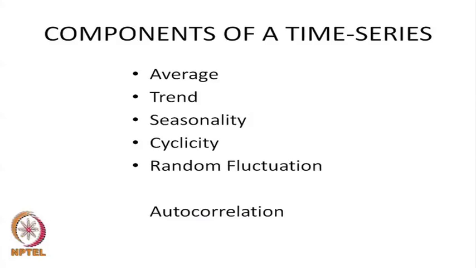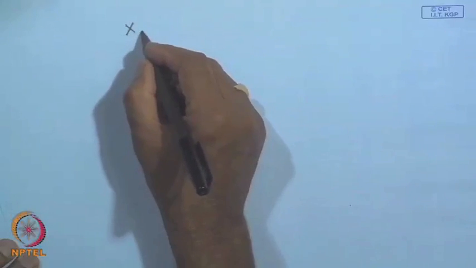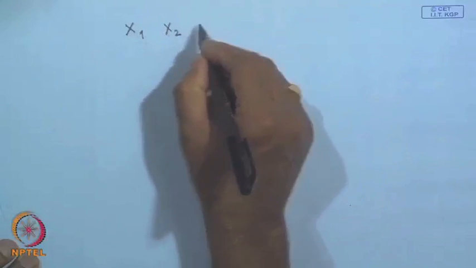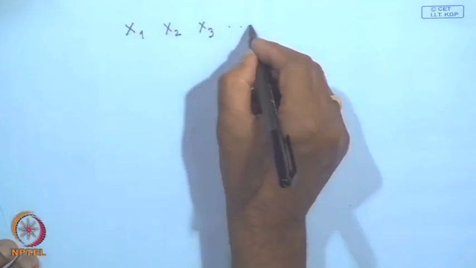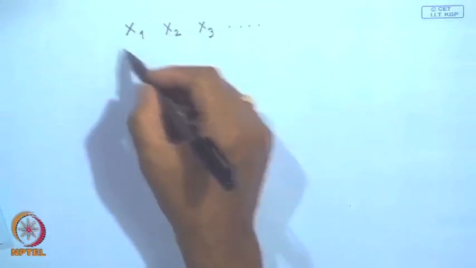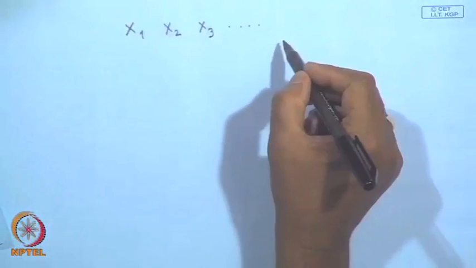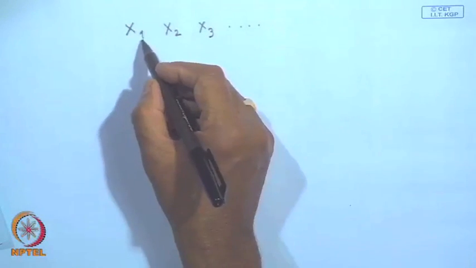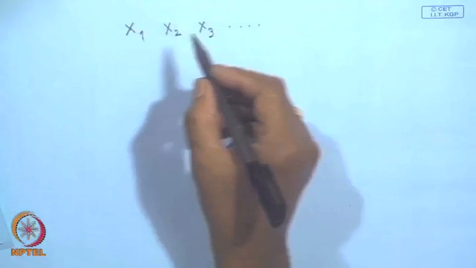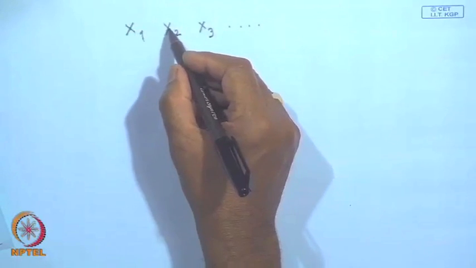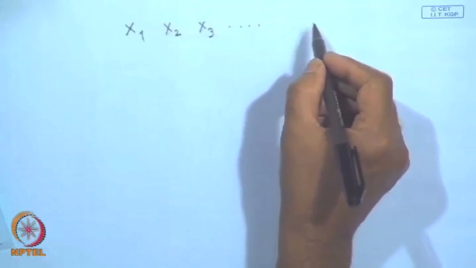What we mean by a time series basically? When we consider a time series, basically we talk about only one variable, let us say x1 at time 1, x2 at time 2, x3 at time 3, etc. So, this is called a discrete time series, where at time t equal to 1, the value of x is x1, at time t equal to 2, the value of x is x2, and so on and so forth.